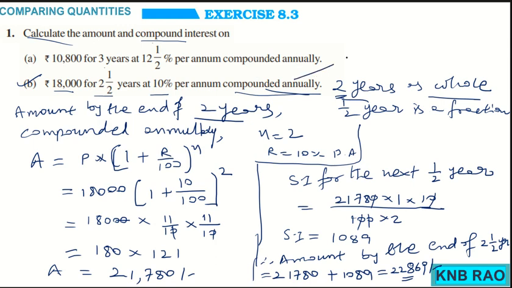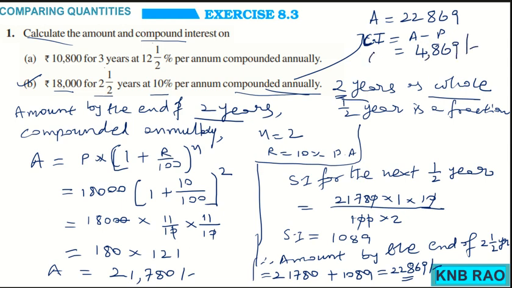So here the answer is, amount is 22,869 rupees, and compound interest is amount minus principal, that is 22,869 minus 18,000 gives you 4,869 being the compound interest. So this is the answer.